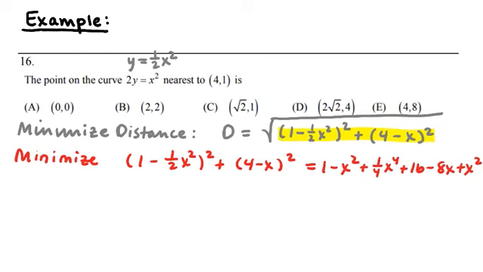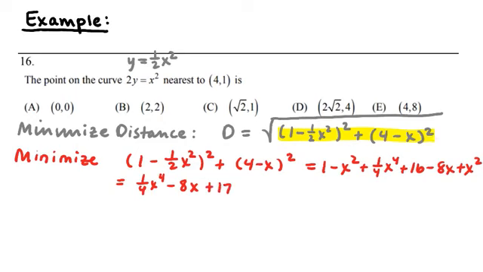Okay, it won't be too bad. So this is now equal to 1/4 x to the 4th is the highest power term. Then in terms of x squareds, I've got plus 1 and minus 1. That's convenient. I've got a negative 8x and a plus 16 and a plus 1 is a plus 17.